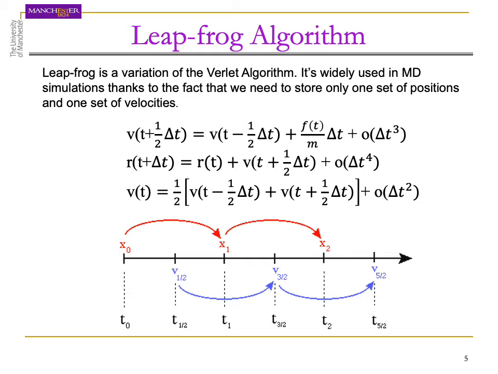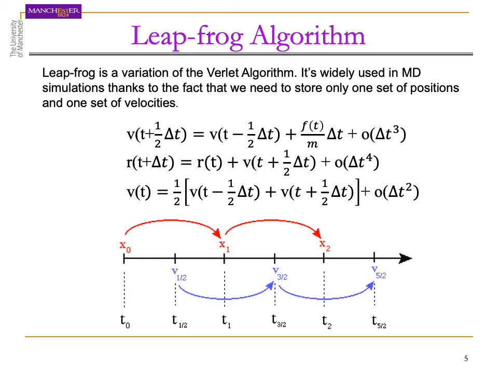If you remember, in the Verlet algorithm, to calculate the new position of the atoms at time t plus delta t, we need the position of the atoms at the old time step t minus delta t, the position at the current time step t, and the velocities at the current time step t.